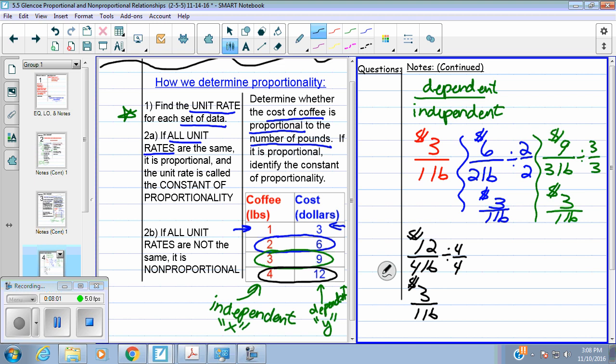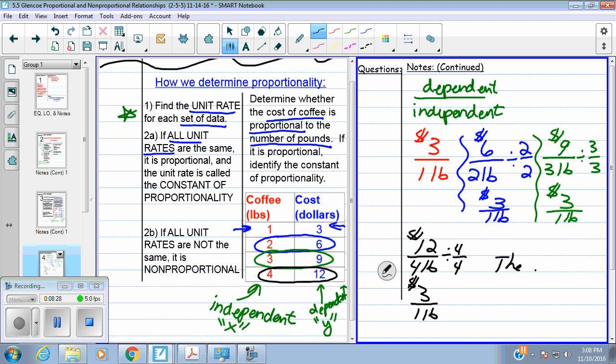The last thing we have to check is if this would go through the origin when we graph it. And we can actually just think about this. If you were to buy no coffee at all, how much would it cost? 0. You're right. And that's the ordered pair (0, 0). So we have just proven that this relationship is proportional.